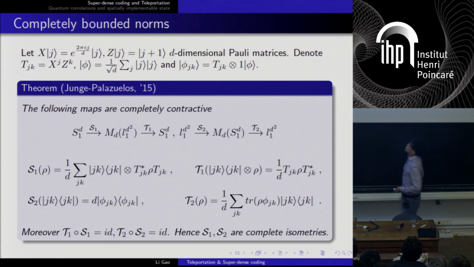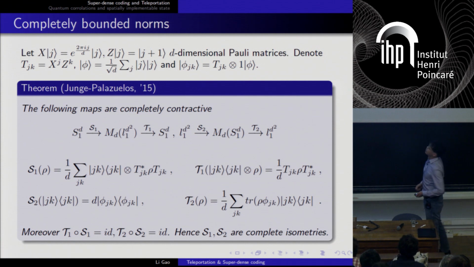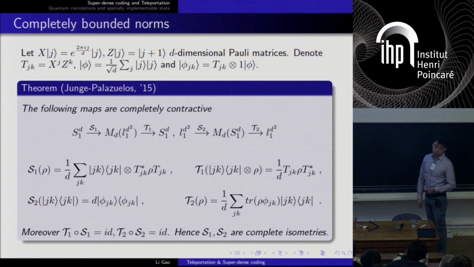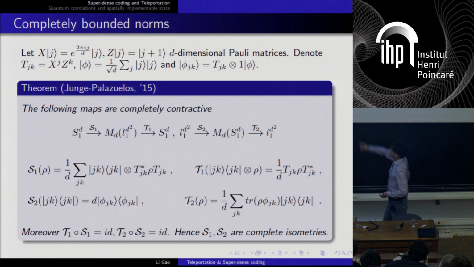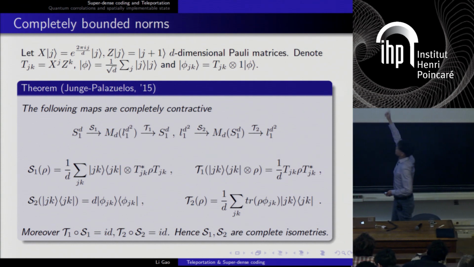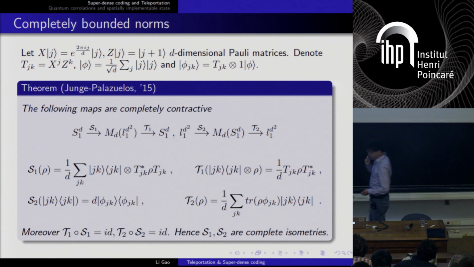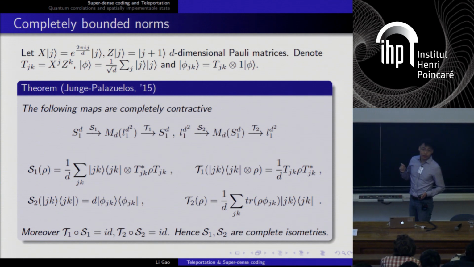And similarly, the second one corresponds to the superdense coding. That's the L1 d square can be embedded into MD S1D. And also, there's another complete contraction map such that their composition is the identity. So this L1 d square becomes a completely 1-complemented subspace of MD S1D. All these maps are from the superdense coding and teleportation protocol, except the scaling constant is different.